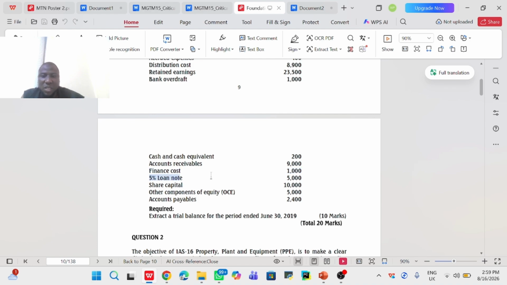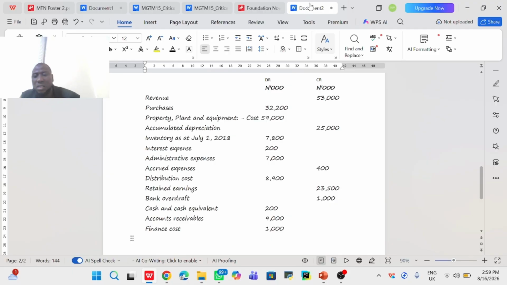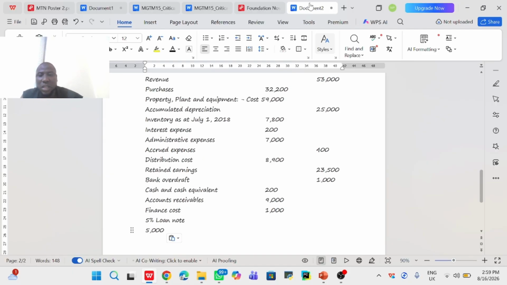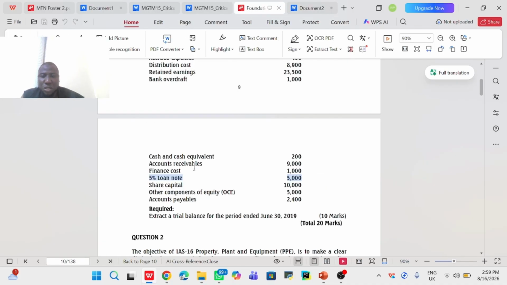We have 5% loan interest. We can say a loan is a current liability or a long-term liability, but all liabilities will be on the credit side. The classification of a loan depends on the duration. If it is a loan that you pay within a year, it is current.